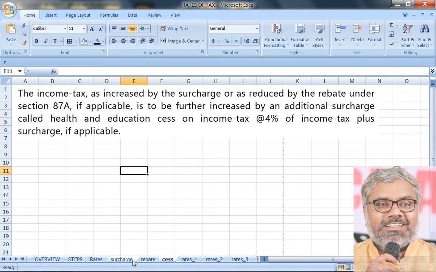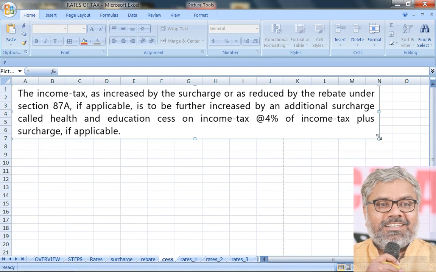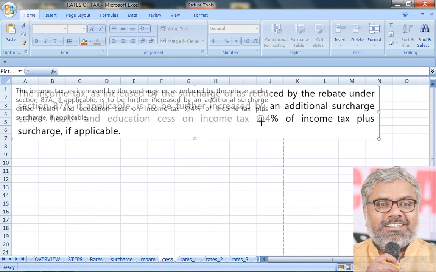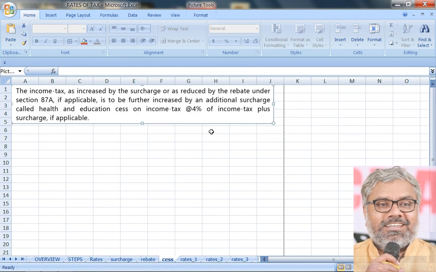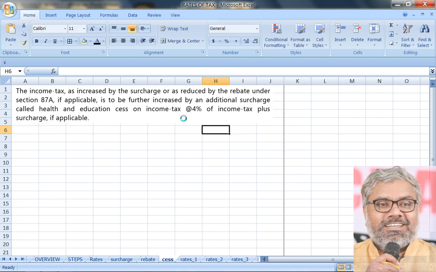But basically after adding surcharge if any, we have to calculate cess at the rate of 4% of income tax plus surcharge if applicable. What if surcharge is not applicable? Just 4% of income tax. Income tax here means the base tax. So the base tax plus 4% is the final tax liability of the SSC.